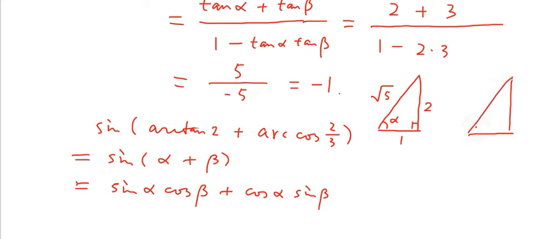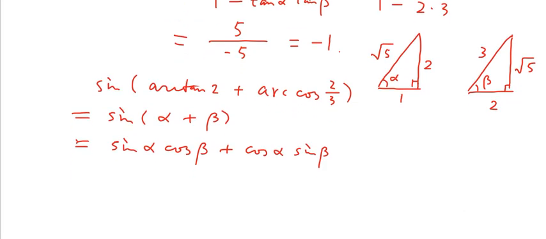Suppose this is beta. So for this beta, we know the cosine value is 2 over 3. So 2, 3, then this one should be radical 5, right?